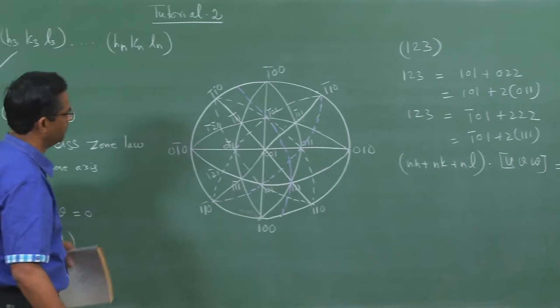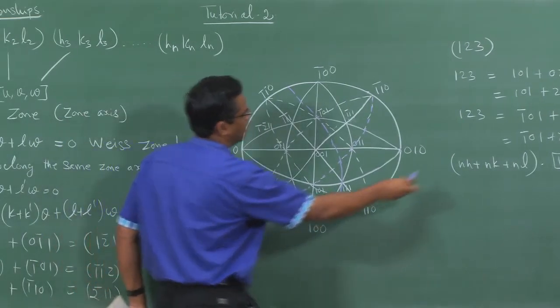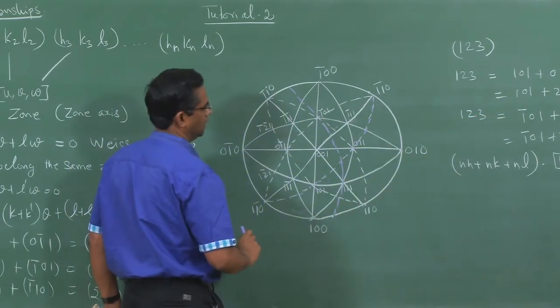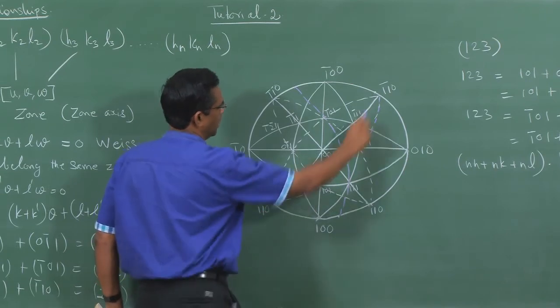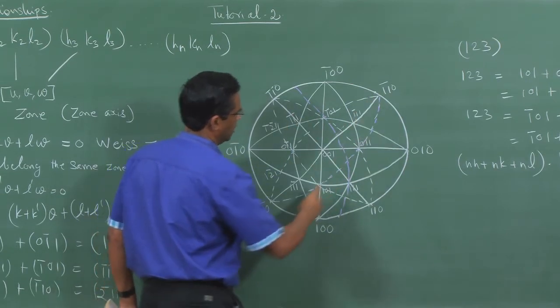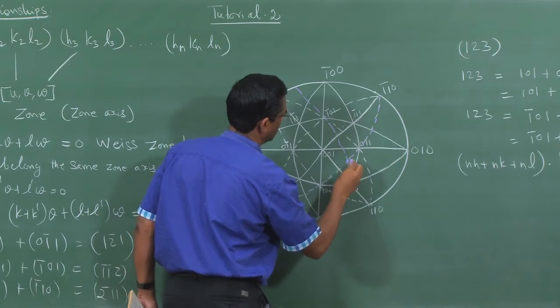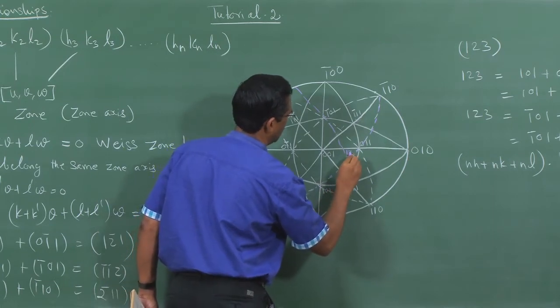Now you see I have connected according to these two additions, two great circles I have drawn. If you look at this intersection, which is nothing but 1 2 3.